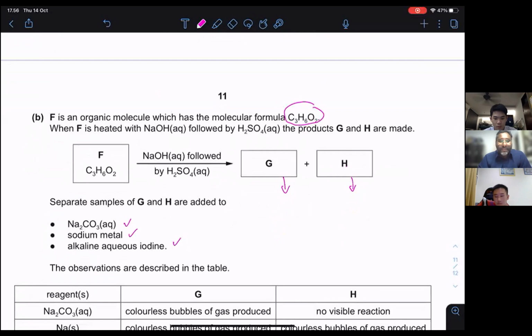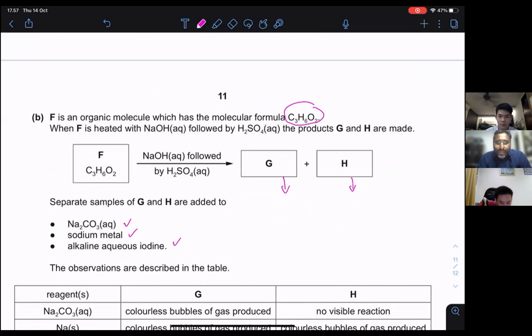Just by looking at this equation, can you predict what F is? If not, just tell me no.